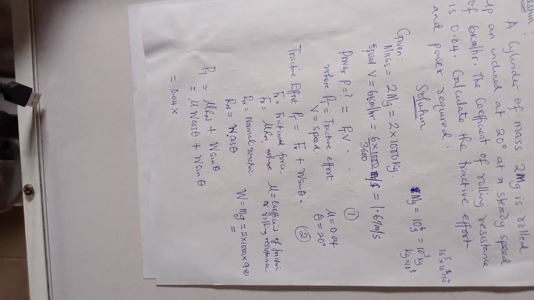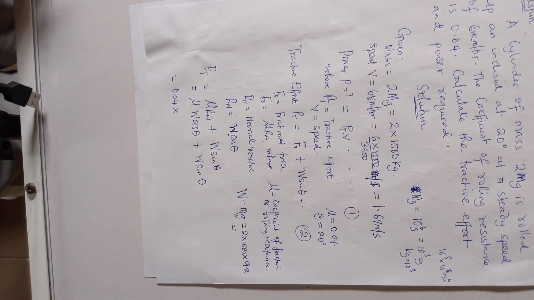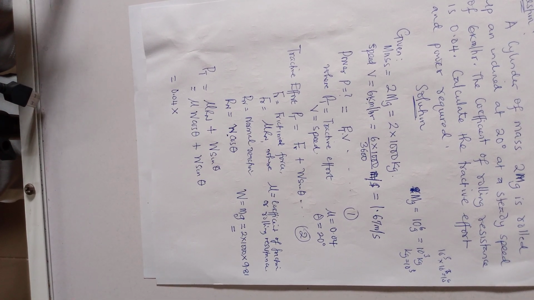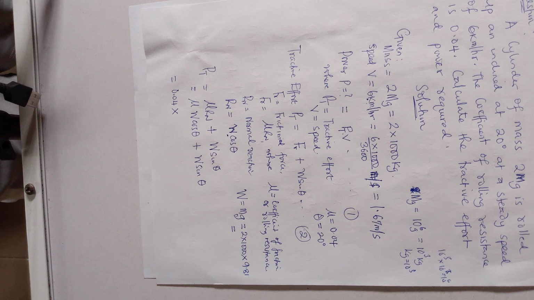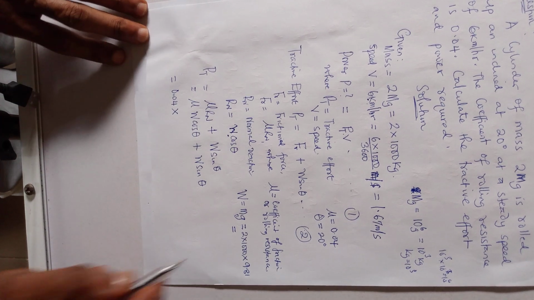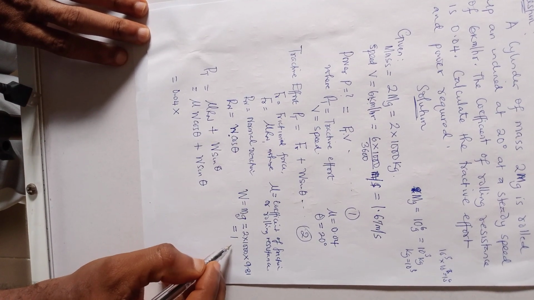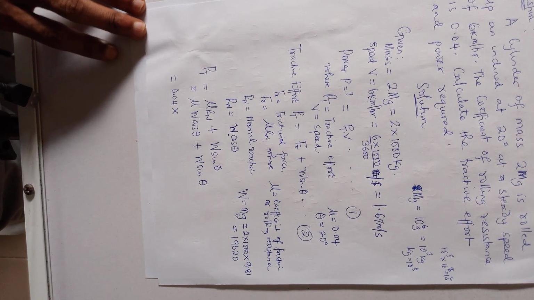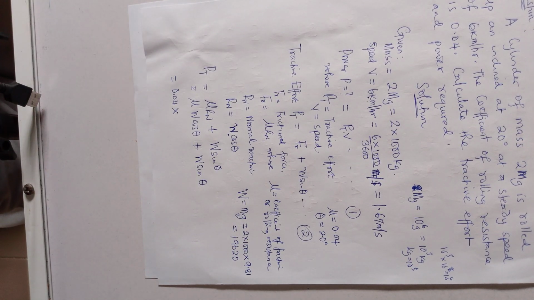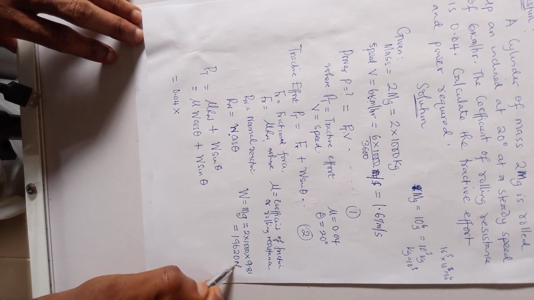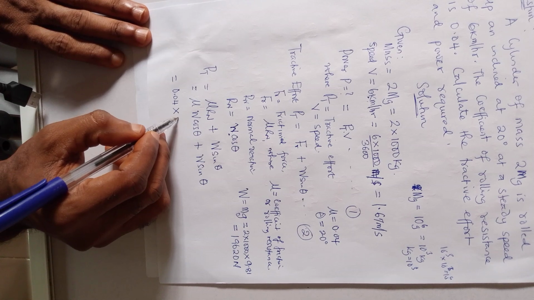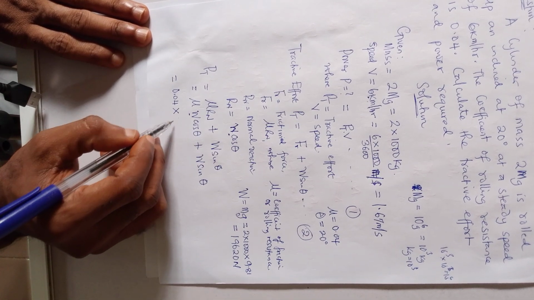So our weight there will be 2 times 1000 times 9.81. So the value of our weight is 19620. Of course, you know, weight in this sense will be measured in Newton.